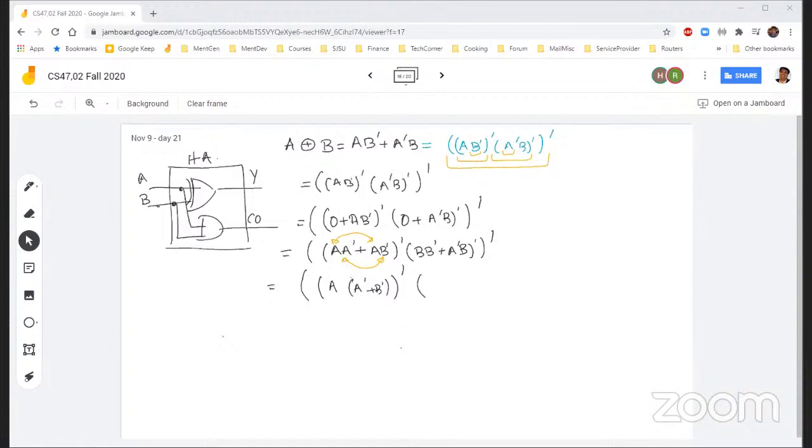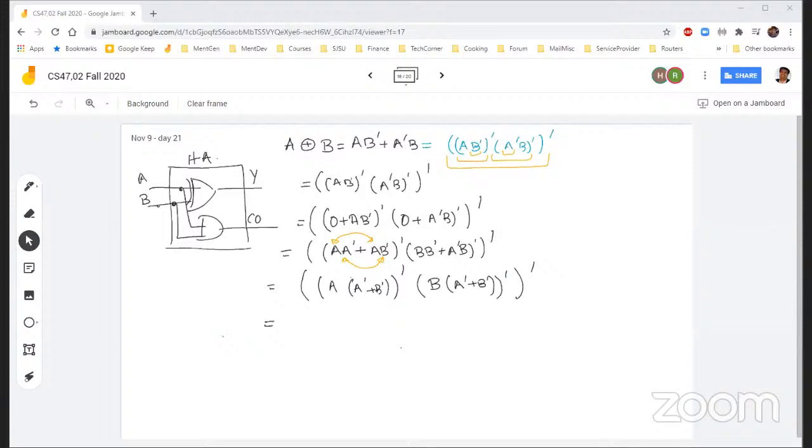And similarly, on the other side, we pick up this B as common, and it becomes B of A bar or B bar whole bar whole bar.